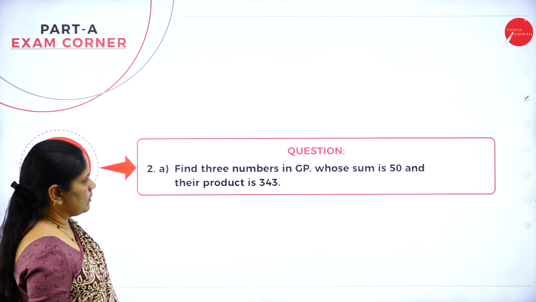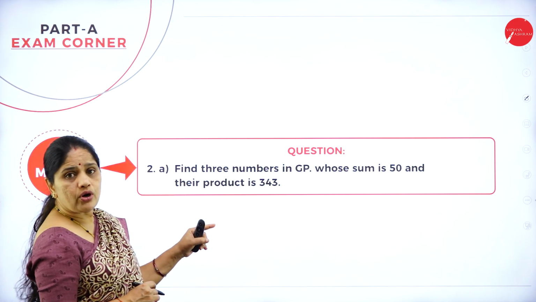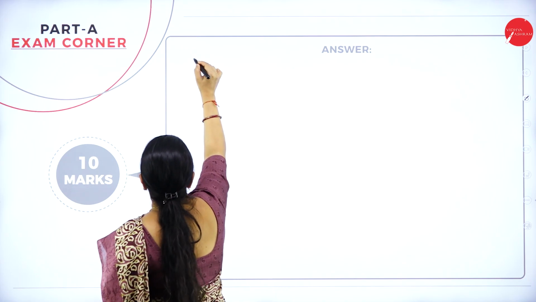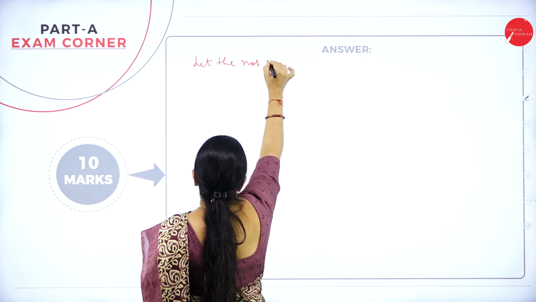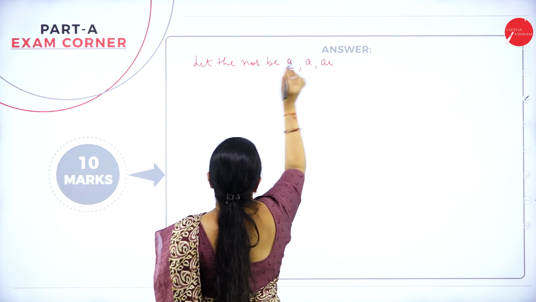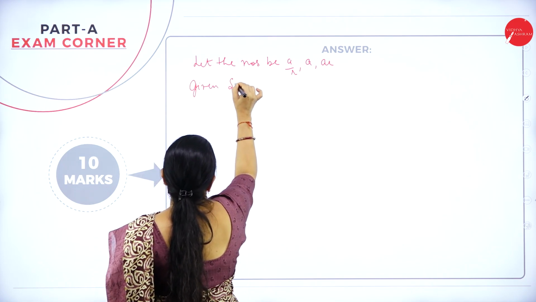Now, the next problem, find 3 numbers in GP whose sum is 50 and the product is 343. So, given, let the numbers be A by R, A, AR. Now, given, what is given?